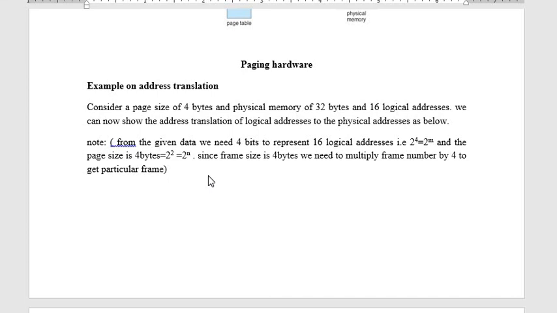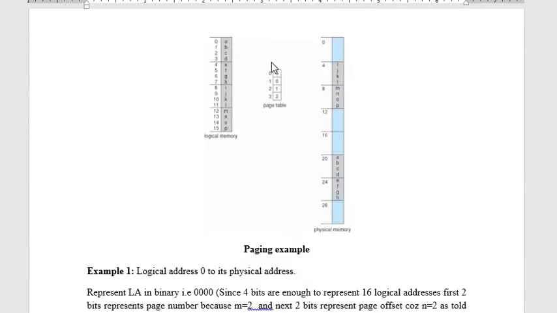Likewise, if you want to know the starting address or the base address of the third frame, in the index it is 2 into 4, that is 8, which is the base address of the frame, and it will be done in the same way for all the frames. Remember that. So this is the diagrammatical representation of the same problem.